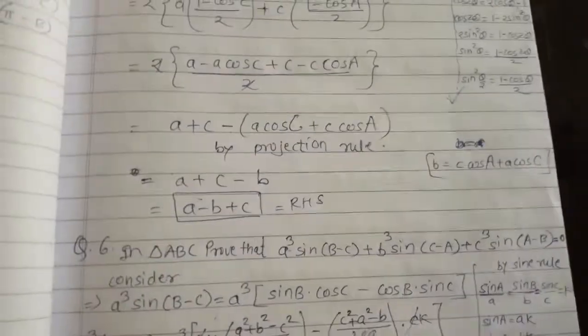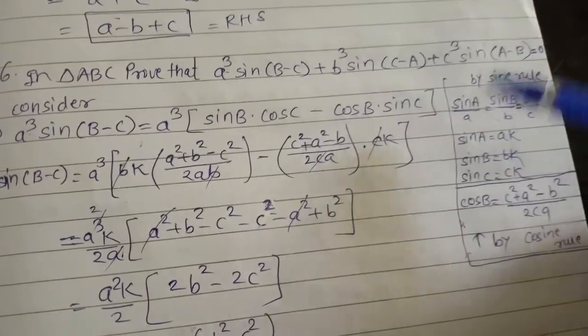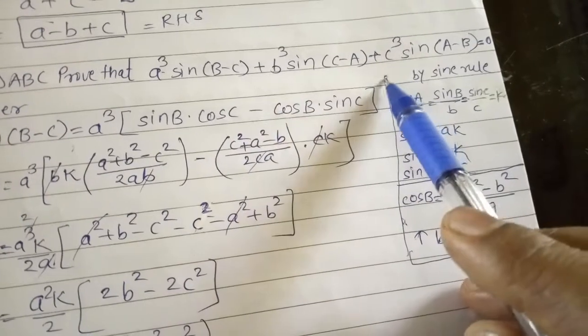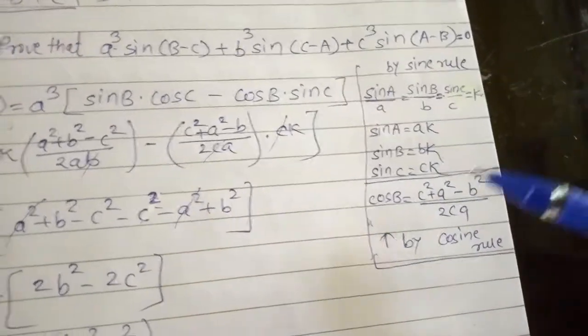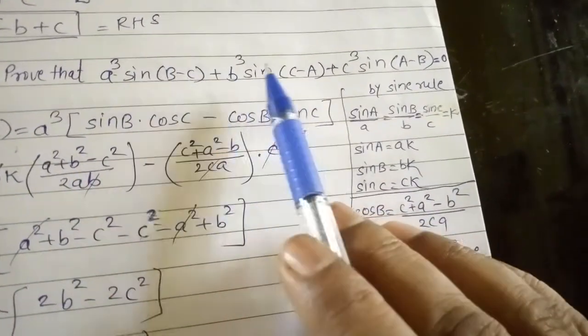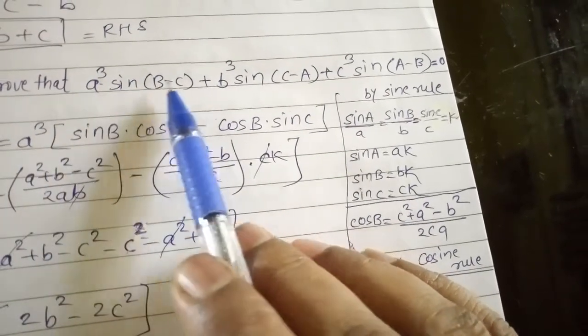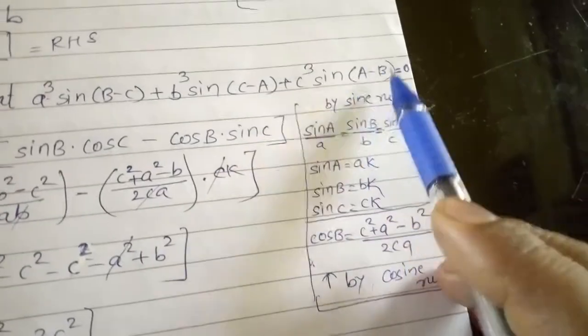Now see question number 6. So in triangle ABC we have to prove that a cube sin(b minus c) plus b cube sin(c minus a) plus c cube sin(a minus b) is equal to 0. So before going to solve this, first observe that these three terms are similar. See here, a cube sin(b minus c), b cube sin(c minus a), and c cube sin(a minus b).